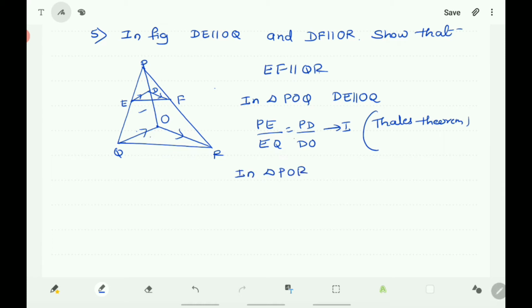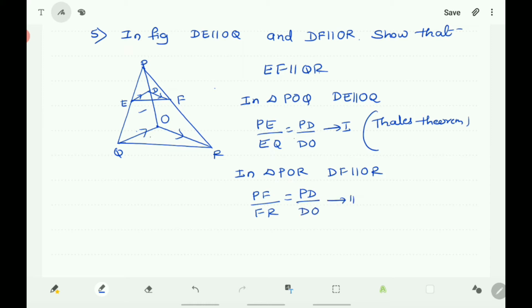In triangle POR, what is parallel to what? Given that DF is parallel to OR. Again with the help of the Thales theorem, you write the ratios PF by FR is equal to PD by DO.